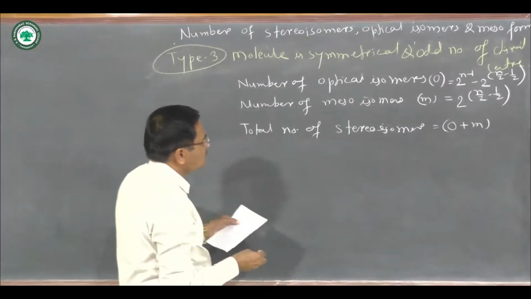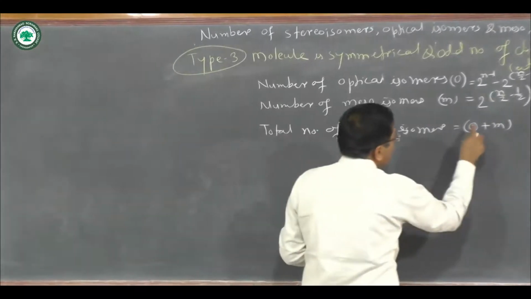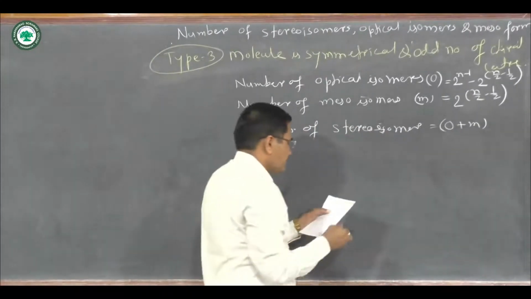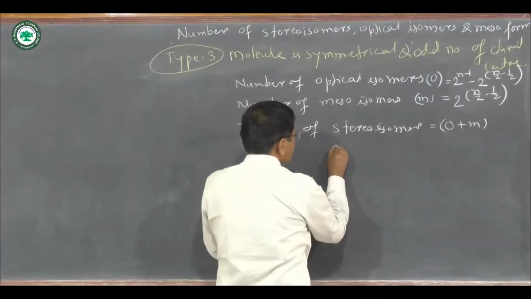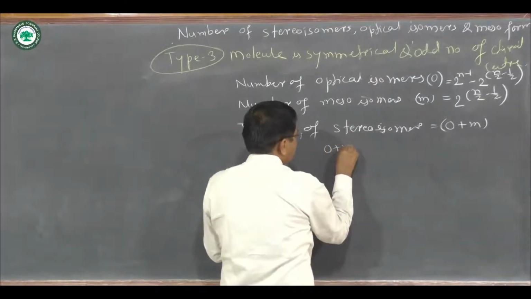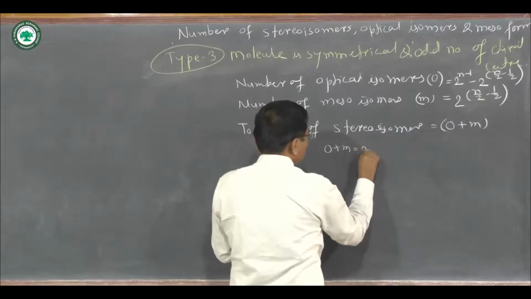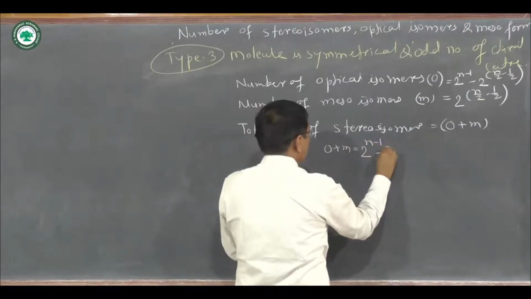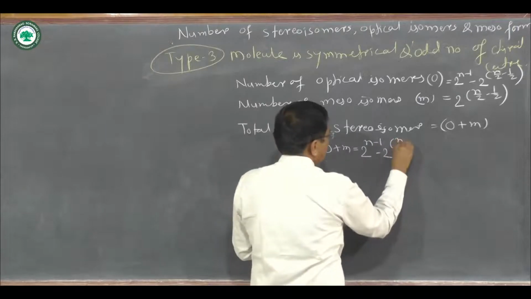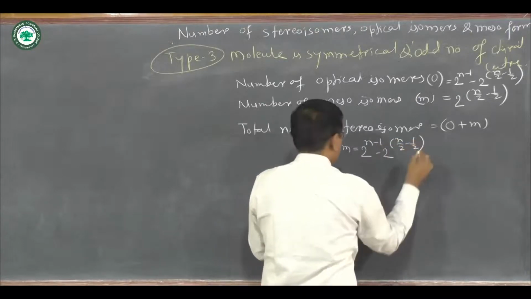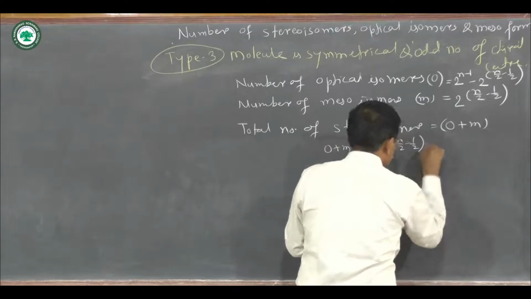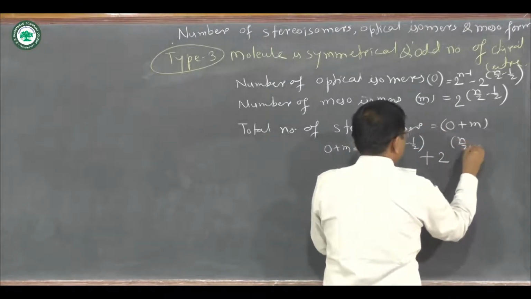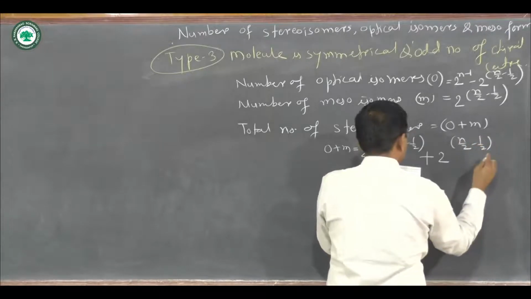The total number of stereoisomers is the addition of optical isomers and meso isomers. So O plus m equals 2 to the power n minus 1 minus 2 to the power (n minus 1 by 2) plus 2 to the power (n minus 1 by 2).